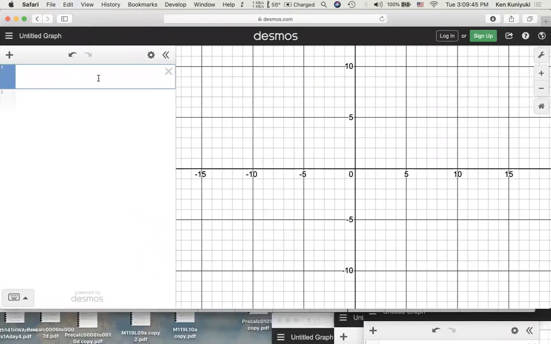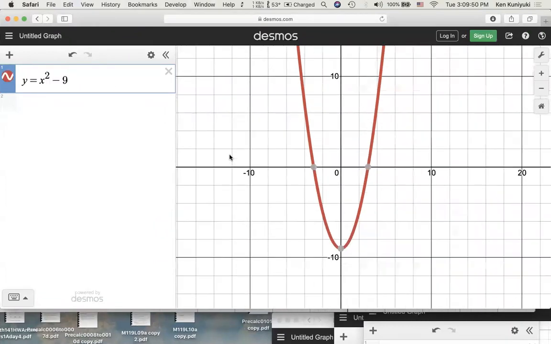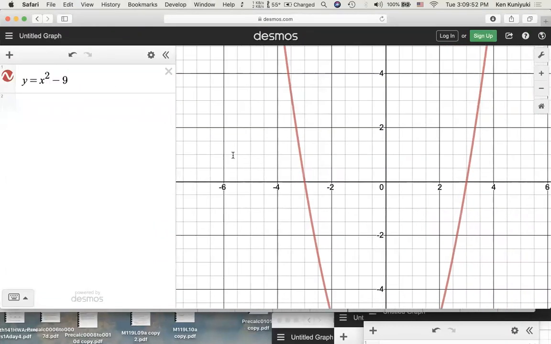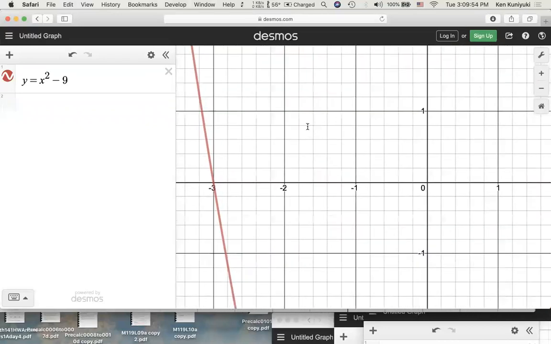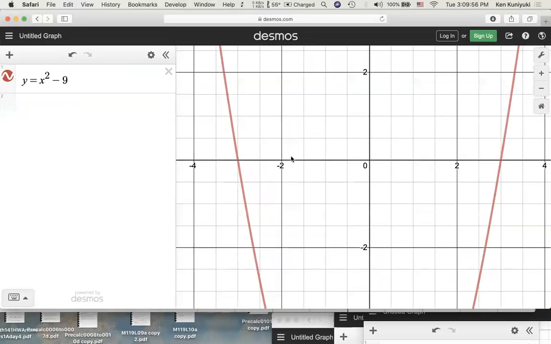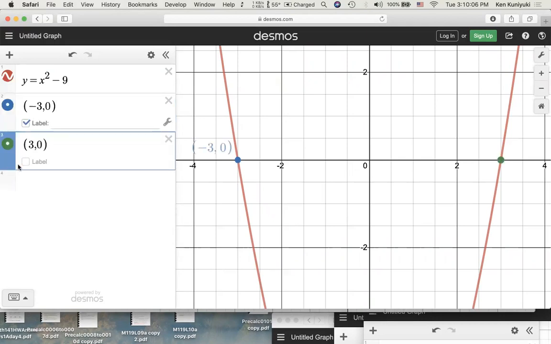So here's the graph of y equals x squared minus 9. If we zoom in a bit, we can see that the x-intercepts are going to be at (negative 3, 0) and at (3, 0). Those are our x-intercepts, where the graph hits the x-axis.